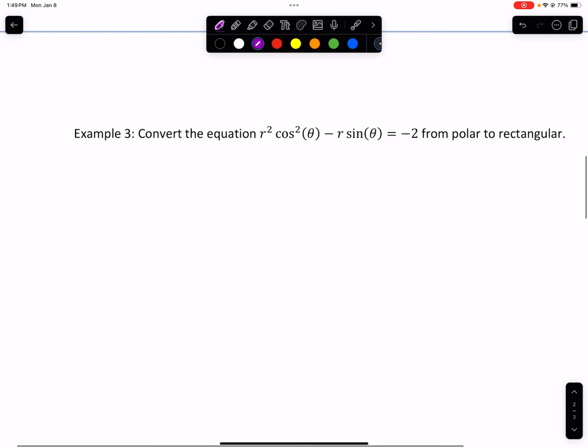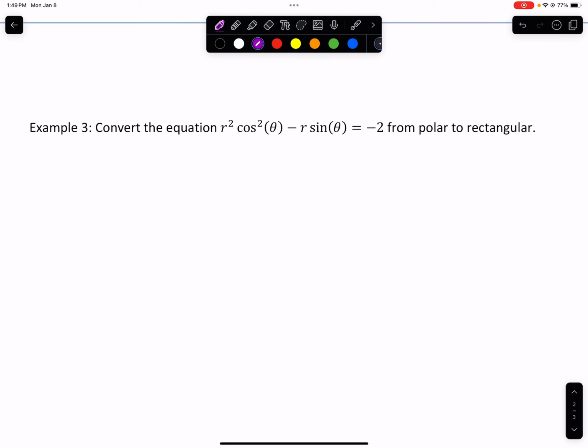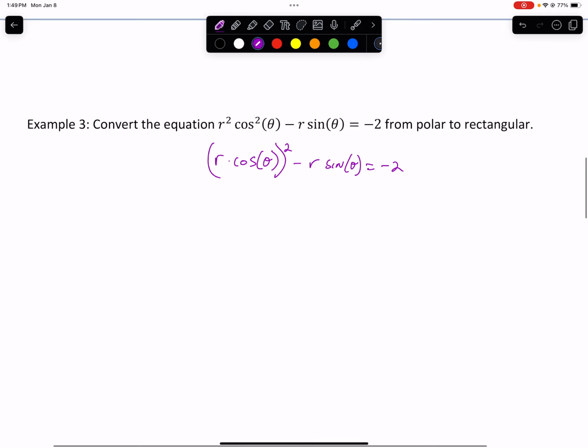All right, let's do one more. Convert this equation from polar to rectangular. So r squared cosine squared, I can write that as r times cosine of theta, squared, minus r sine of theta, equals negative 2.